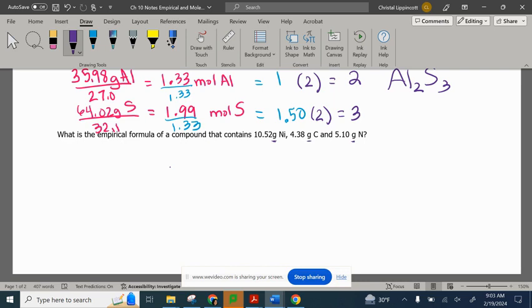So you're just going to skip down to step 3 and convert to moles. Nickel, 58.7. 4.38. 12.